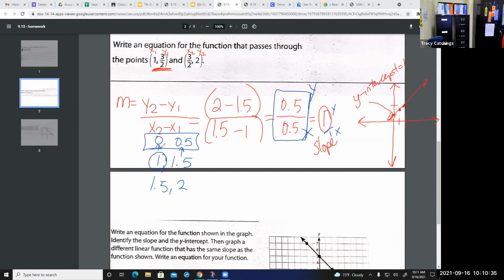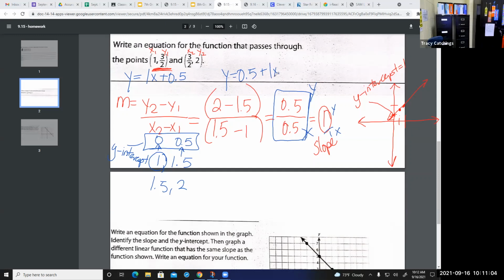You can take that slope and work it backwards. You could squeeze your eyes in there and see it clearly. So now that we have our slope and our y-intercept, what is our equation? 1x plus 0.5. Or you could put the 0.5 in the front plus 1x.